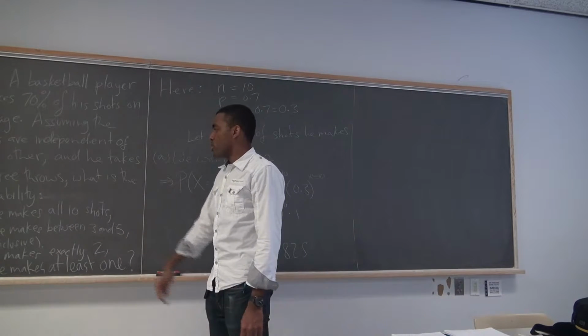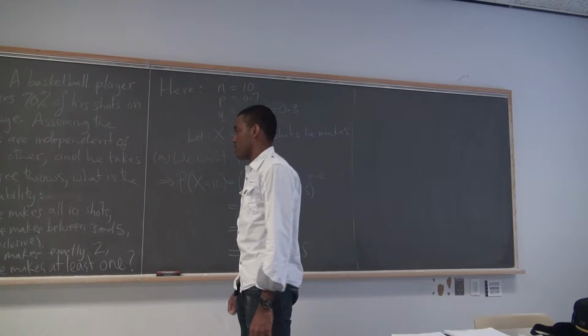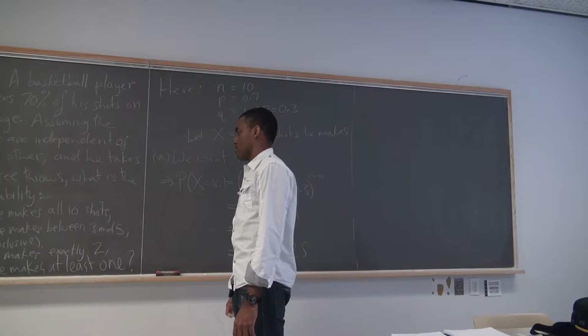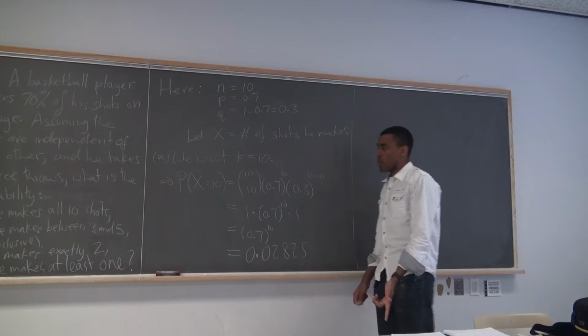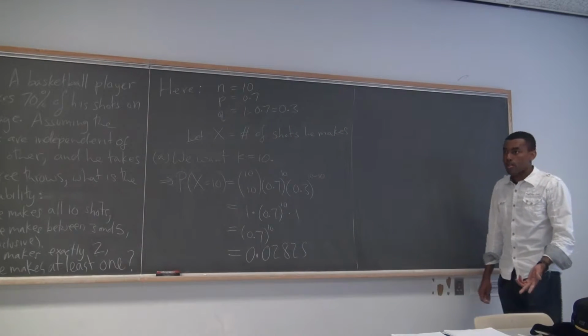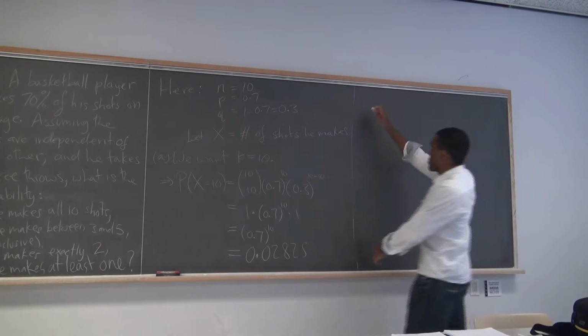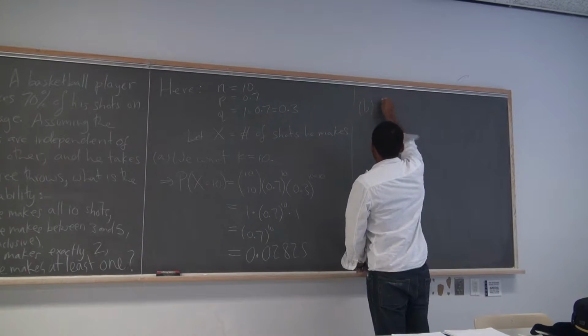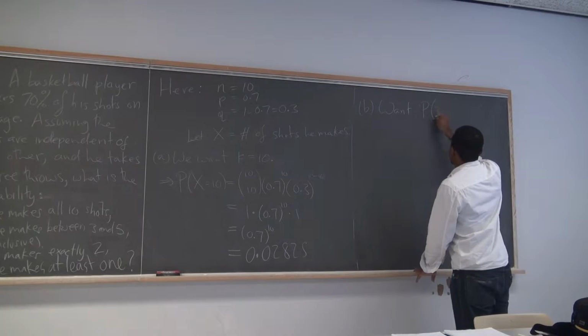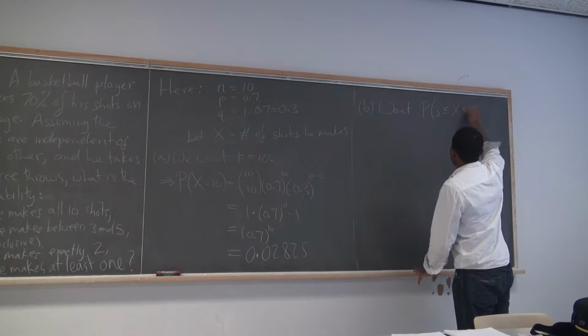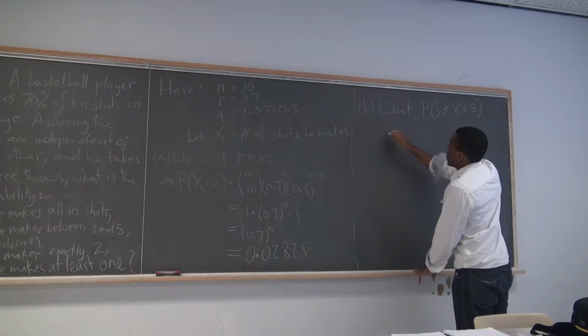What about making between 3 and 5? Inclusive. Means he either makes 3, or he makes 4, or he makes 5. See, this is what we want.